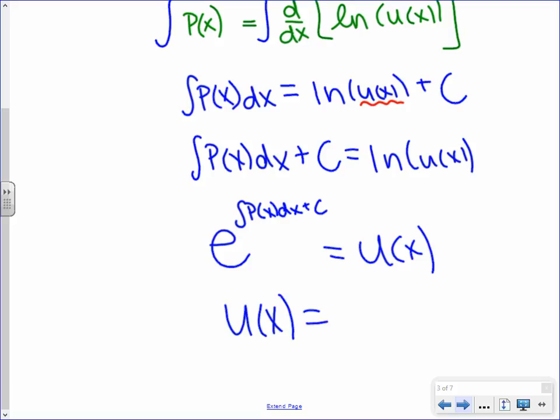We know that if we have e to something plus c, that constant can come out in front.